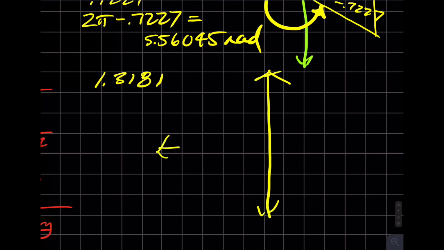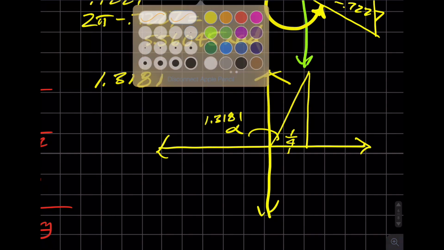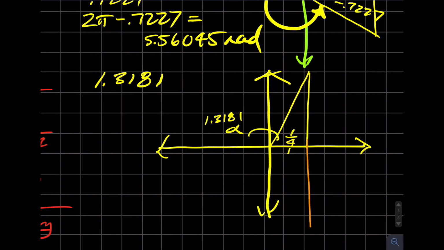Let's go back and look at it. The length of the side was 1/4. So that's this guy. It's something more like that, where this side length is 1/4, and there's a reference angle that is 1.3181 radians. Well, if I draw the other triangle that also has a positive 1/4 as the length of its side and has a reference angle that's also equal to 1.3181 radians, notice how it's not pi over 2 radians, which would be like 1.557 something.